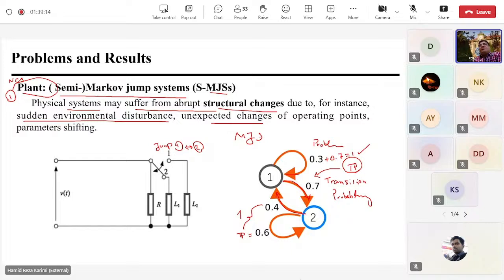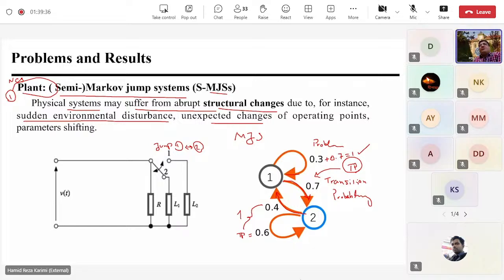But I can tell you something about Markov jump. Markov jump has been developed a lot in the past. I did a lot of research on Markov jump maybe 10 years ago, or even 15 years ago, and currently my students are also doing a lot of research on it.